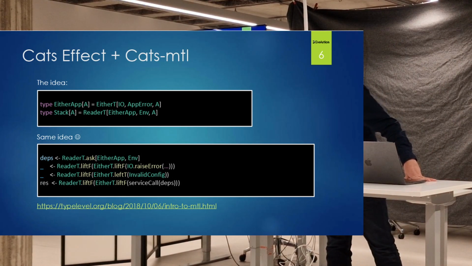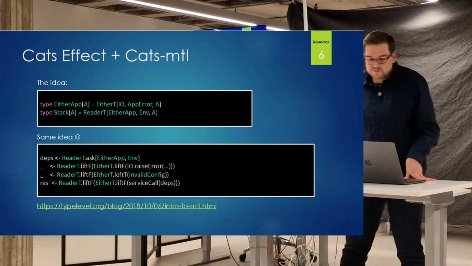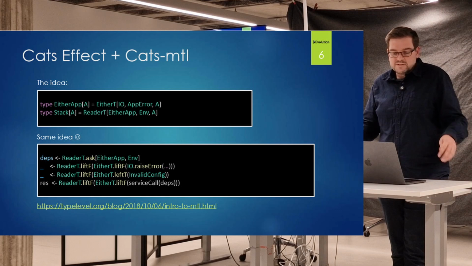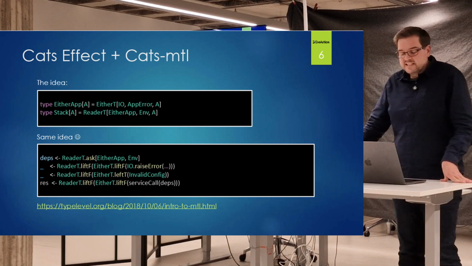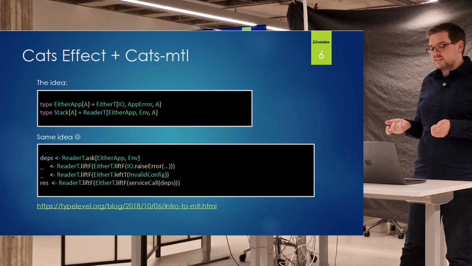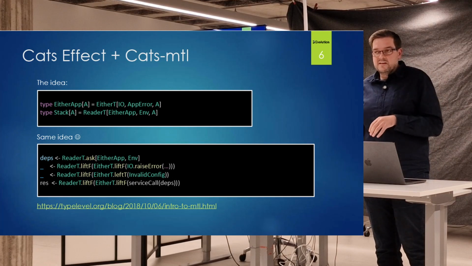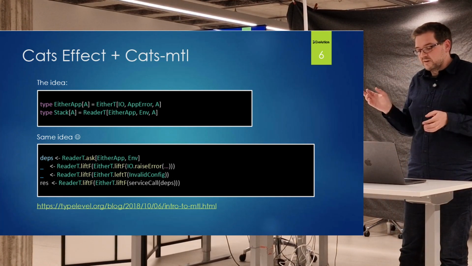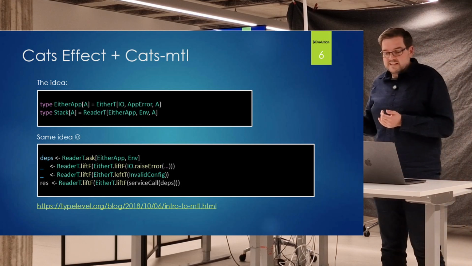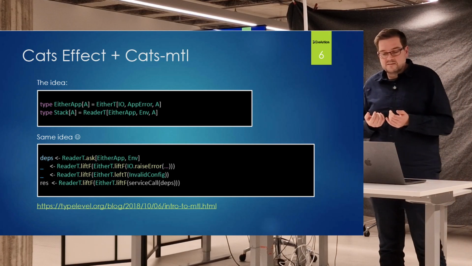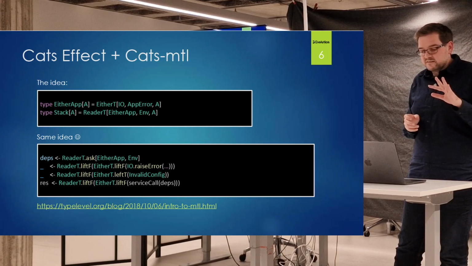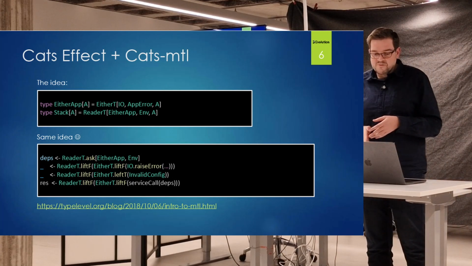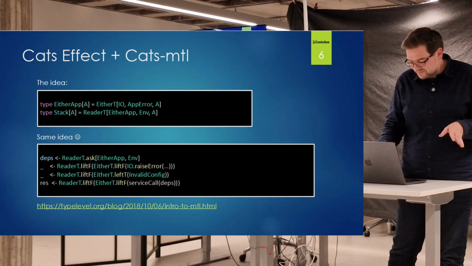Then you have to do a lot of lifting, going through the stack and constructing your monads. But this gets you somewhere. You get domain-specific errors like invalid config. You have the runtime errors that are not part of your domain that you cannot do anything about, so you erase them. And then you have your dependency that you can work with. So it's kind of the same idea, maybe a bit better. There are other ways to do dependency injection in Cats Effect. Probably this is the wrong one, but let's go with it.